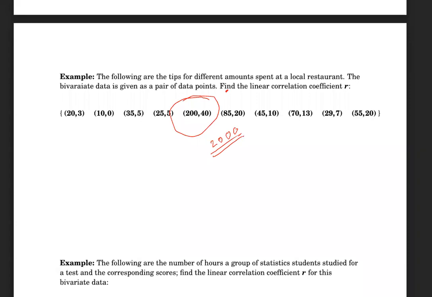So I don't consider this an outlier. I could keep it. But again, remember, these things are a bit subjective. Someone might say 200 is a big number for a lunch or dinner, so I may consider it an outlier, but I probably wouldn't.